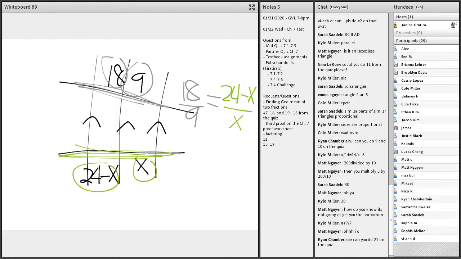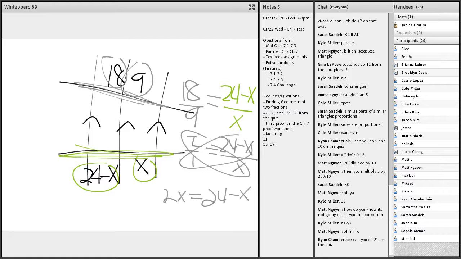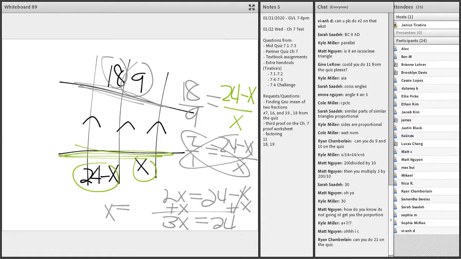So you could feel free to reduce 18 over 9. So that'll be 2 over 1, just because the numbers will be smaller. And then equals 24 minus x over x. Cross multiply, so 2x equals 24 minus x. Add x to both sides, so you get 3x equals 24, and x equals 8.